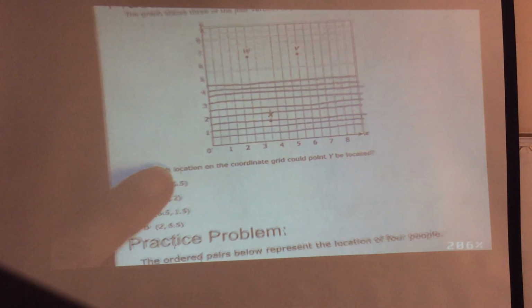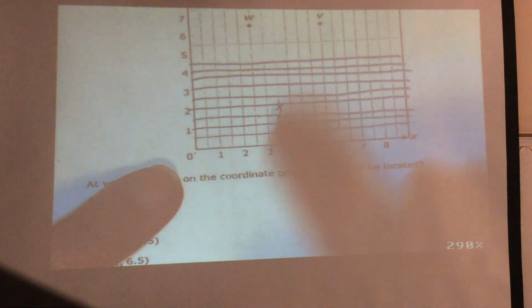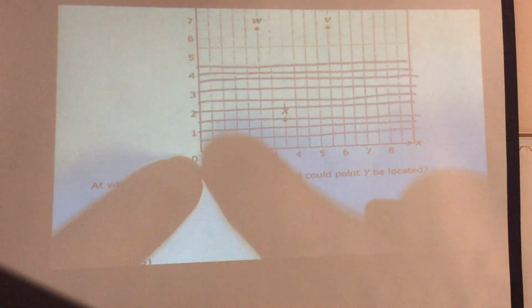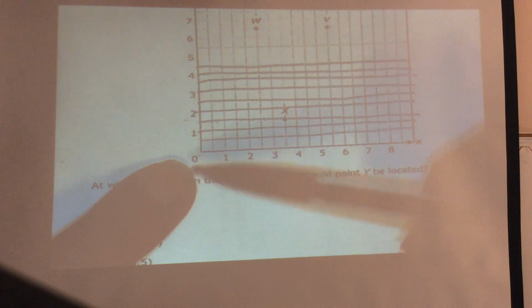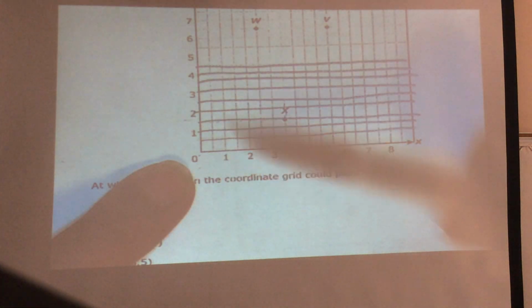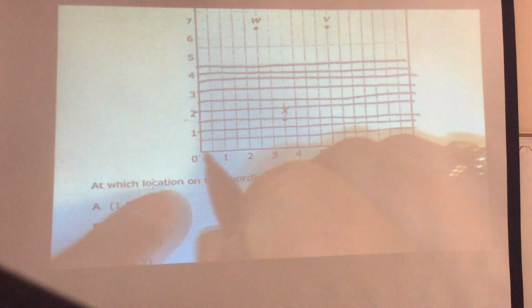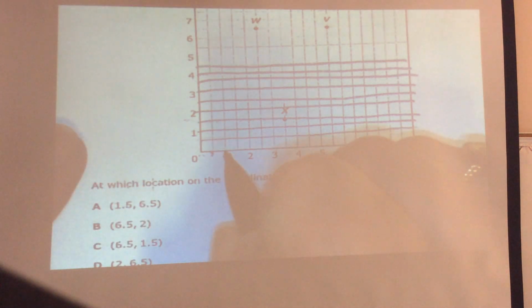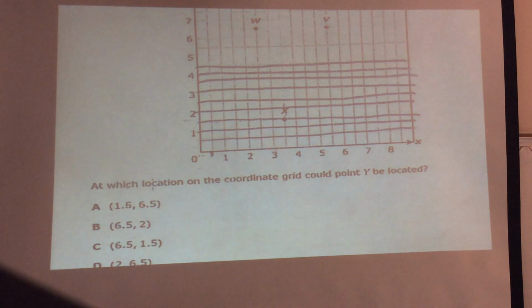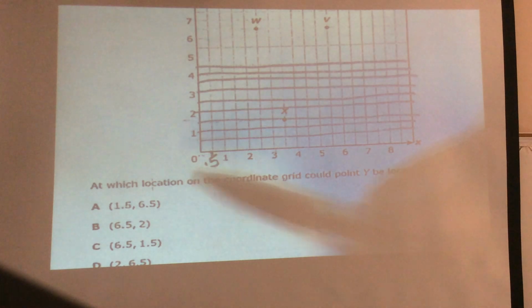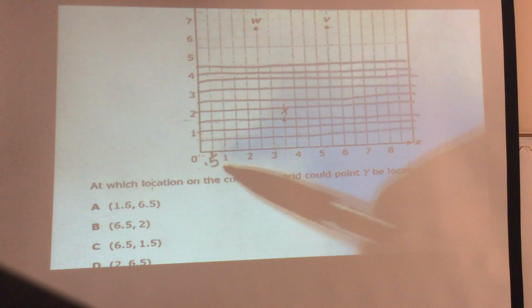Let me zoom in a little bit more. As you can see, there is a line in between the 0 and the 1. That tells me that each space, each line is a half. So this is 5/10 or a half. 5/10 plus 5/10 is 1.